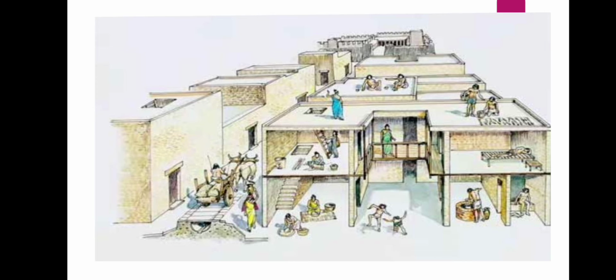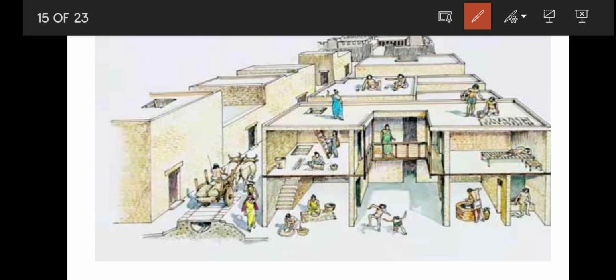They already had a kitchen, a well where they could take water, and a separate bathroom. In story houses, one house is there, and above it two more rooms were constructed. And when we see the streets, they nicely planned them so that bullock carts could move.